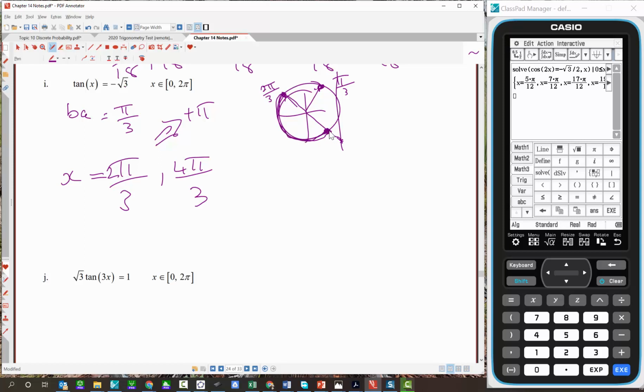And then it's not 4 pi on 3. This one here is 5 pi on 3. Okay, again, I could chop that mistake out, but it's important that you see me making mistakes. You'd see me doing this in the classroom as well. So that's no dramas. So 2 pi on 3 plus 3 pi on 3 is 5 pi on 3, which is our next solution.